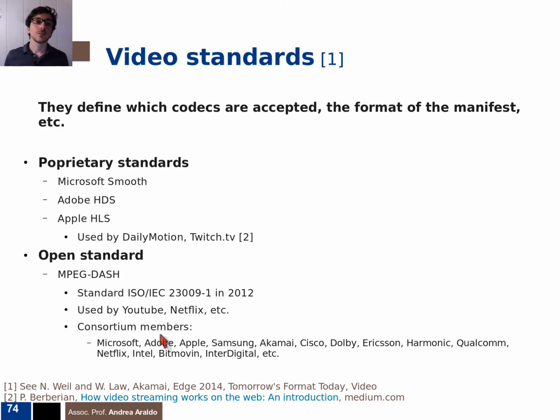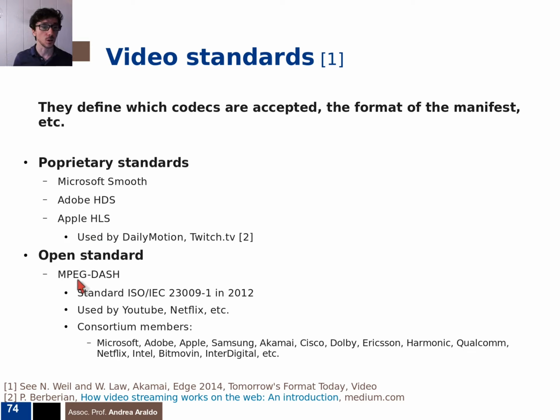Now, there are different video standards. A standard defines different things: the codec of the video, the codec of the audio, the format of the container, and so the format of the metadata, and the format of the manifest. There are different proprietary standards. The most common one is, I think, Apple HLS.